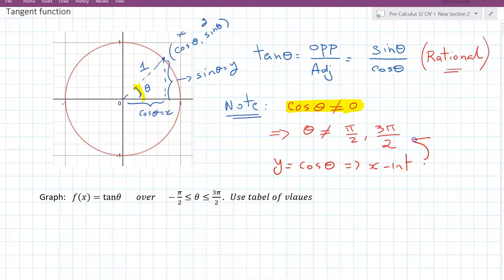And the x-intercepts are those two, between 0 and 2 pi. So we cannot have those. All right? Because of this, you will end up getting what we call, again, if you remember, asymptotes. Okay, that's what's going to happen.